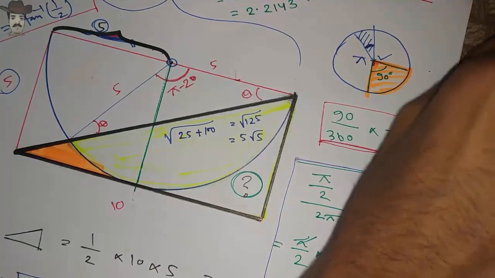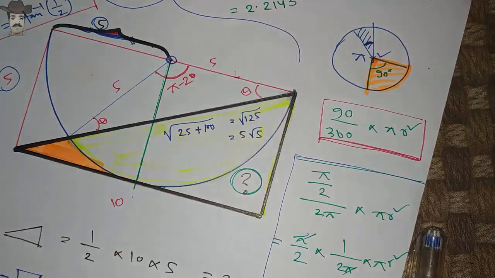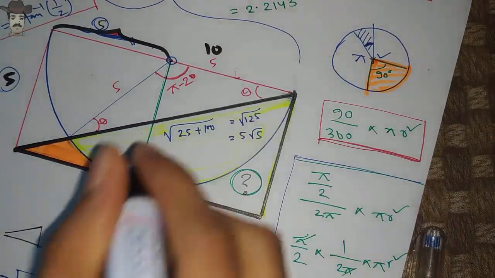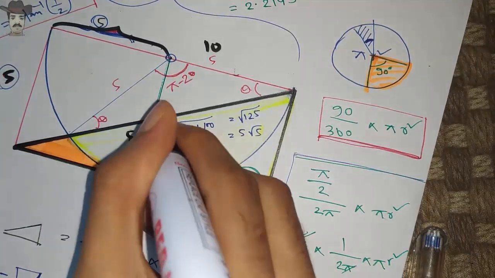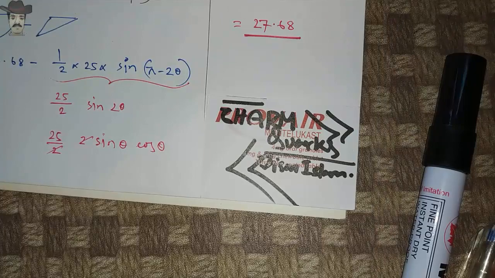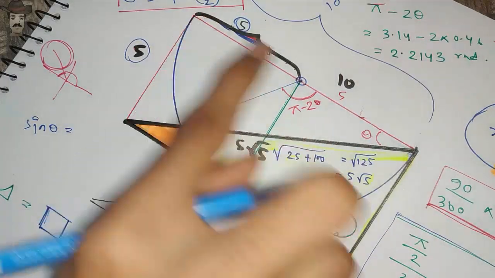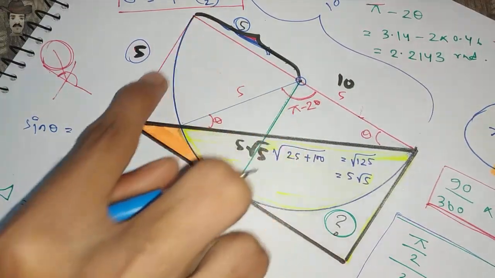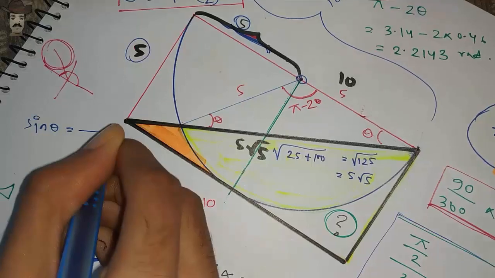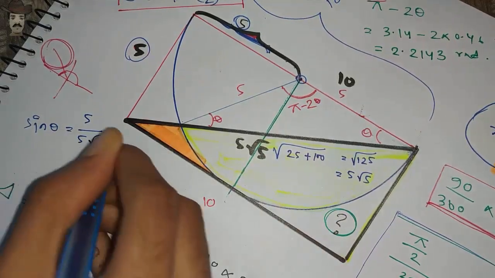So now we know the three sides of this triangle: this is 5, this is 10, and this is 5 root 5. Now for the 25 sine theta cos theta, in a right triangle sine theta is simply the opposite over the hypotenuse. In this case the opposite is 5 and the hypotenuse is 5 root 5.